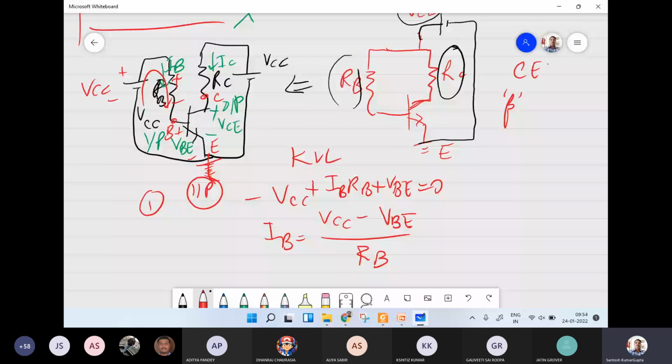Now depending on the required value of IB at the base, we can design our value of RB. Okay. If we look at this VBE value, VBE is mostly a fixed value.